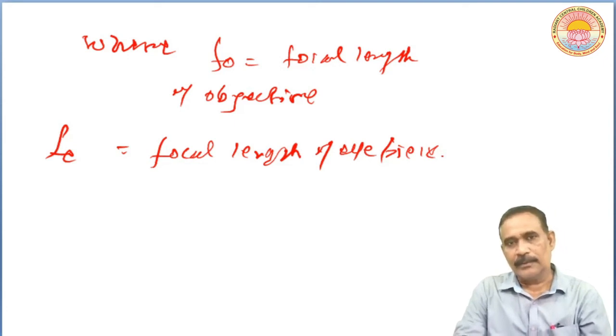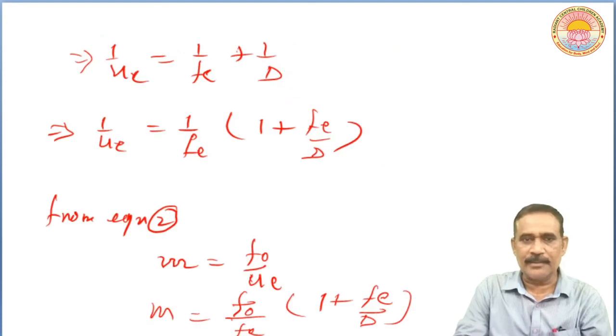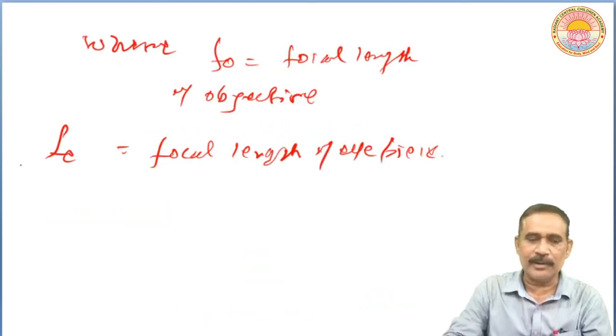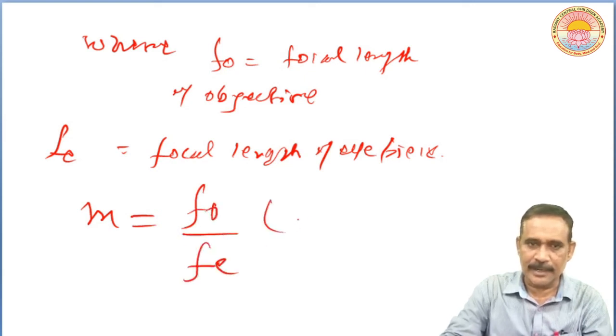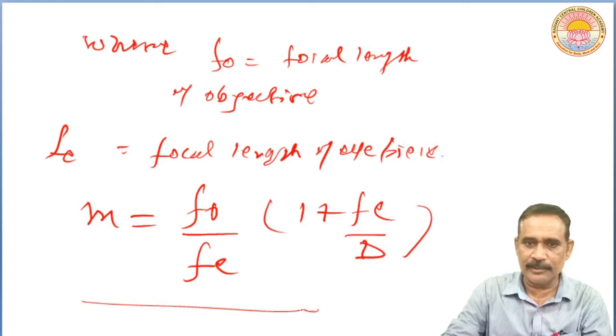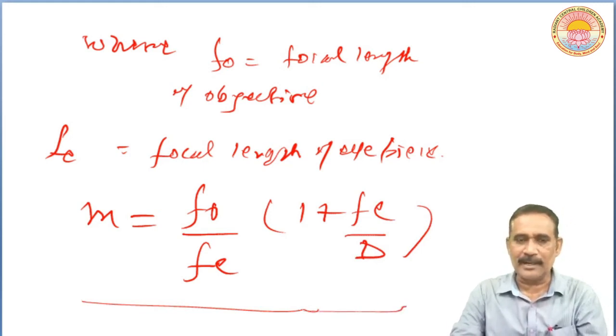So when the final image is formed at D, the angular magnification m equal to FO upon FE in bracket 1 plus FE by D. Once again, you see m equal to FO upon FE in bracket 1 plus FE by D. This is the formula of angular magnification for a telescope when the final image is formed at D.